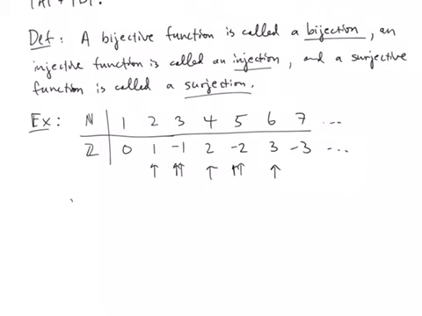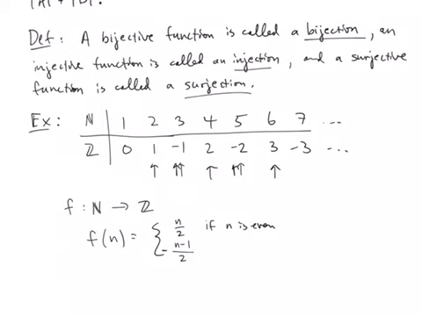So I think what you can do is define a function from the natural numbers to the integers by f of n is equal to, what did I say? It's n over 2 if n is even, and it's (n minus 1) over 2, and then the negative of that, if n is odd.